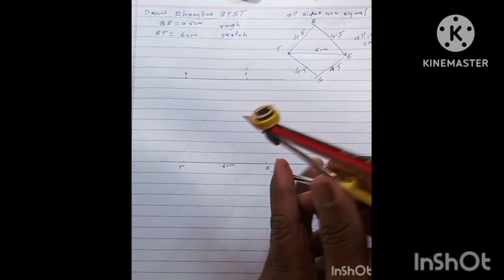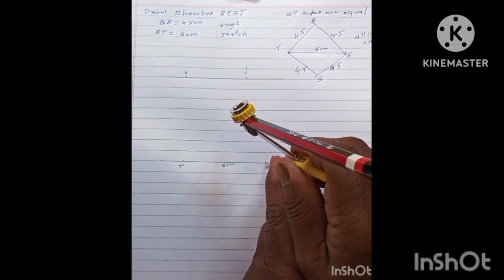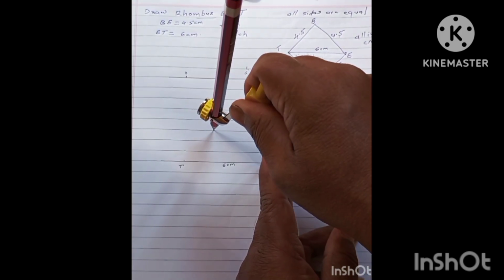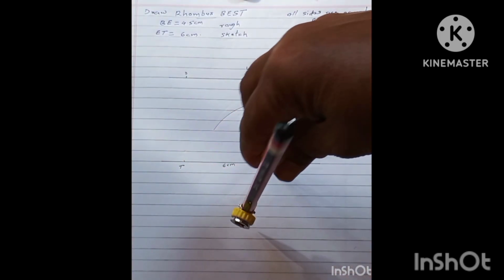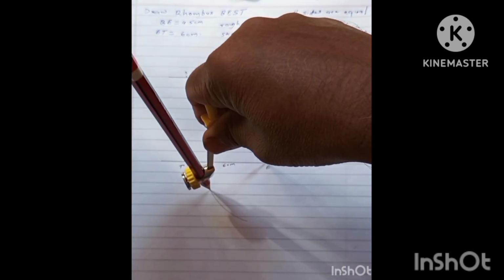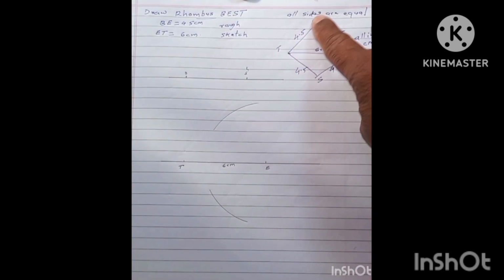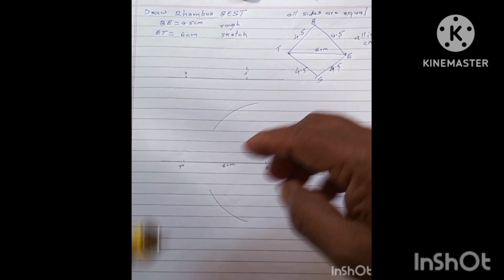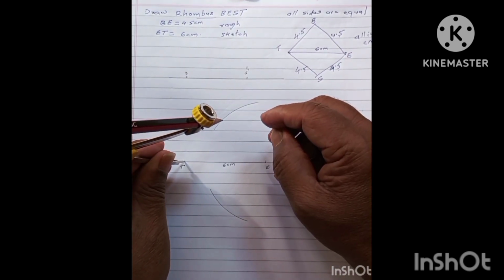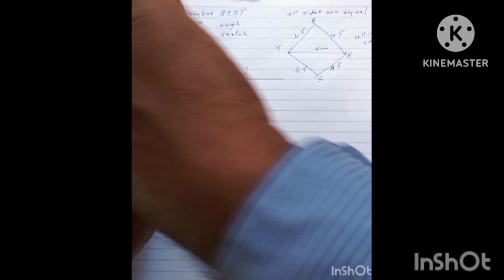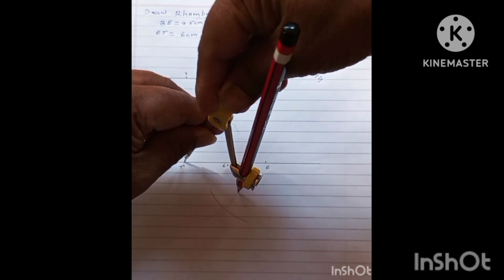So now it is a very easy construction. If you keep the compass on E, then you can mark for B and even the same for S. Then from T, same measurement, no other checking, so don't disturb that compass, and mark anyhow you like, only a single mark. Okay, this is a single mark, and again here a single mark.